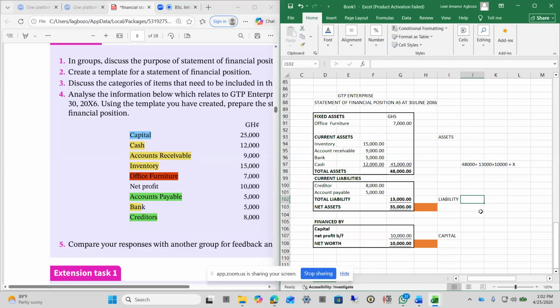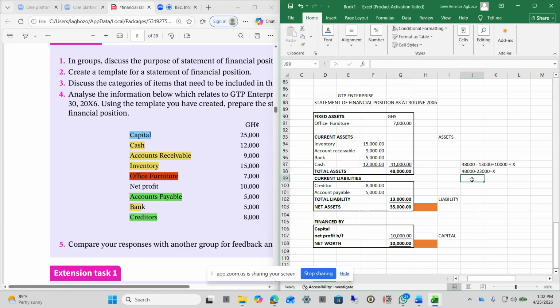Please, what we are doing now is assuming there is no capital given in that question. When we cross over, this will become 48,000 minus 10,000 plus 13,000, which is 23,000, equal to x.